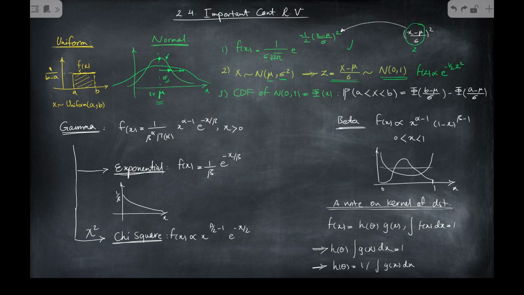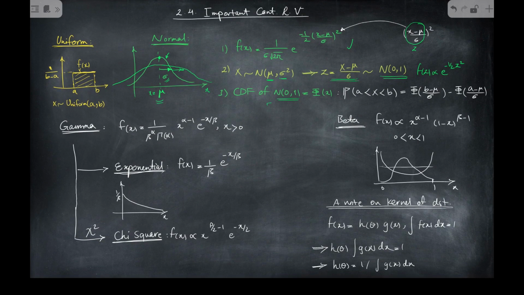Finally, we have a specific name for the CDF of the standard normal distribution. So we call this the standard normal distribution, which means that the mean is 0 and the standard deviation is 1. We call the CDF of this Φ(x).